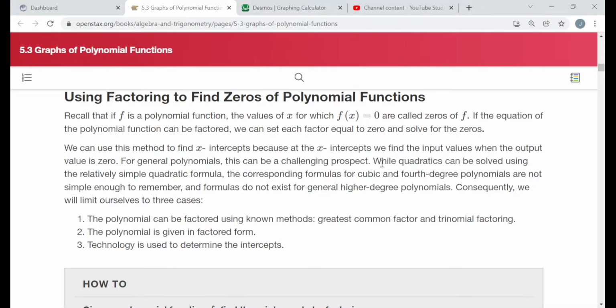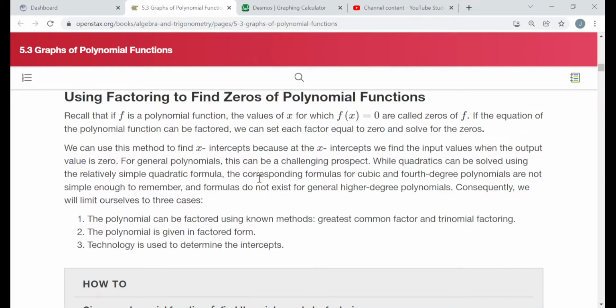Alright, so each example I'm going to be doing in this video is taken directly from a free online textbook at openstax.org. I'm in their Algebra and Trigonometry text, section 5.3 called Graphs of Polynomial Functions, under the heading Using Factoring to Find Zeros of Polynomial Functions.